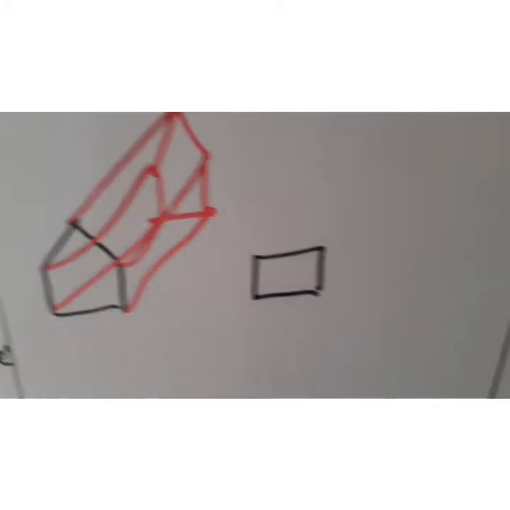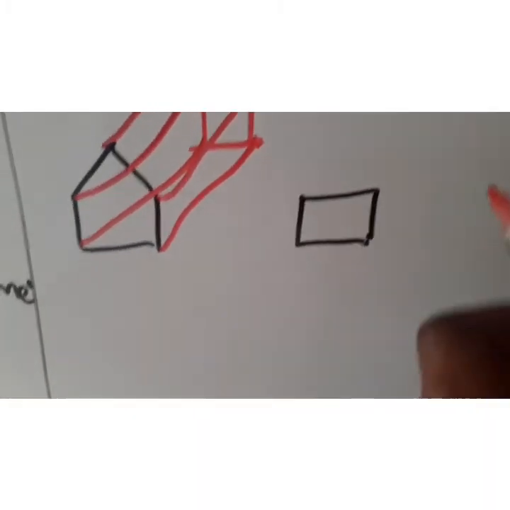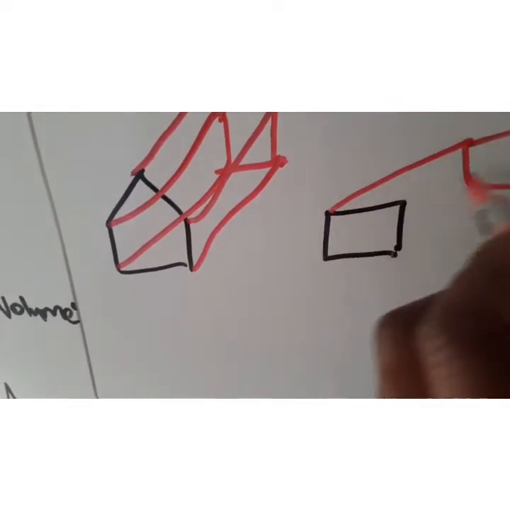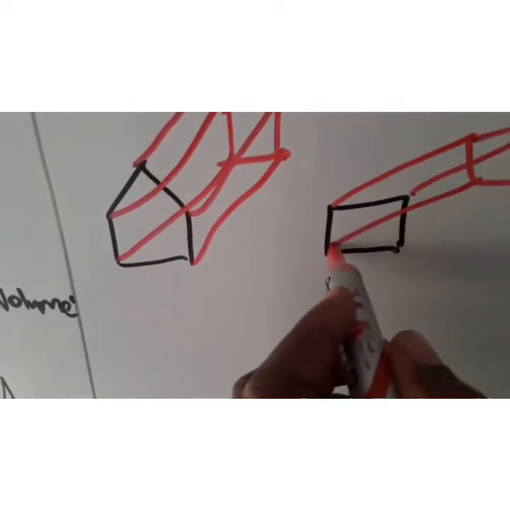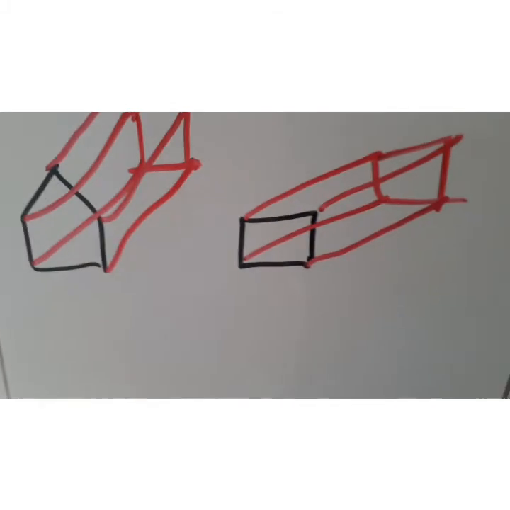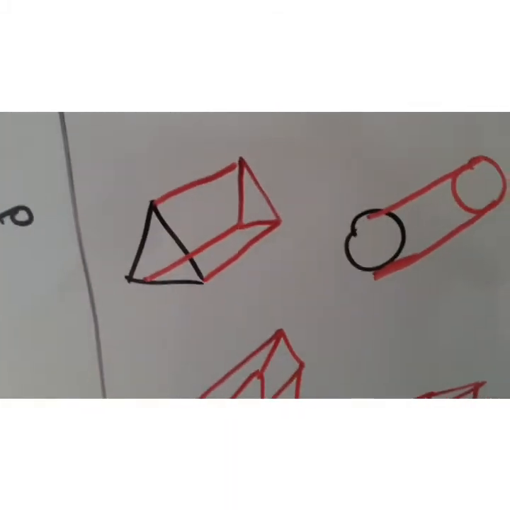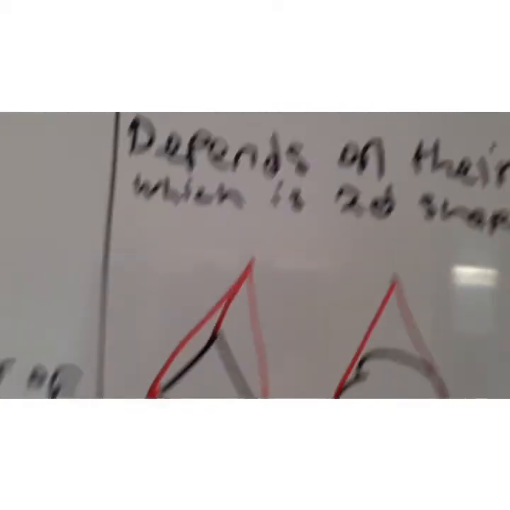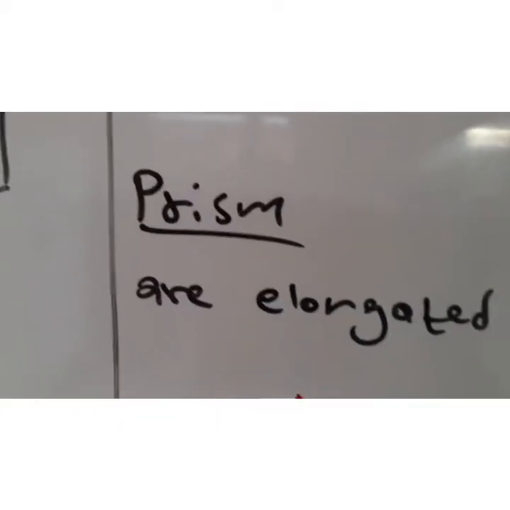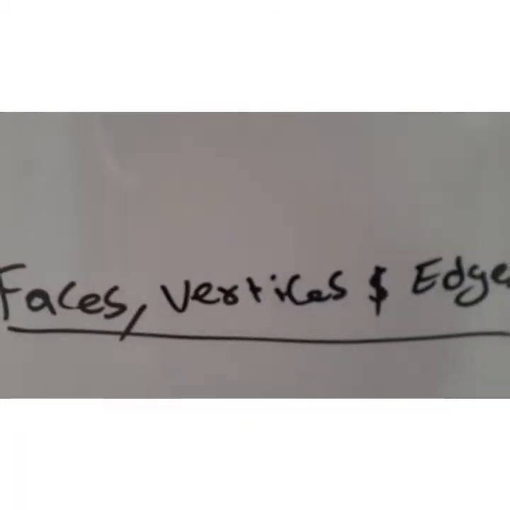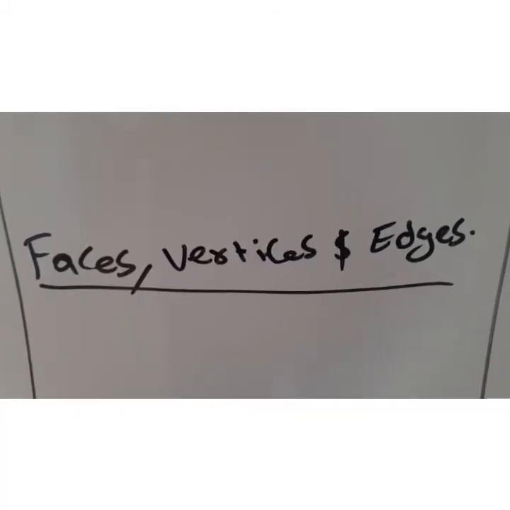Then if I have my square or rectangle there, elongated, this is what I end up with, a rectangular prism.